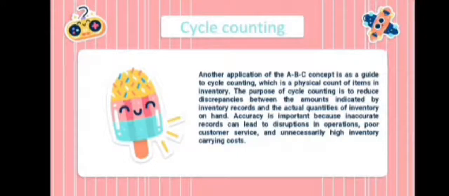Accuracy is important because inaccurate records can lead to disruptions in operations, poor customer service, and unnecessarily high inventory carrying cost. The counts are conducted more frequently than once a year, which reduces the cost of inaccuracies compared to only doing an annual count, by allowing for investigation and correction of the causes of inaccuracies.